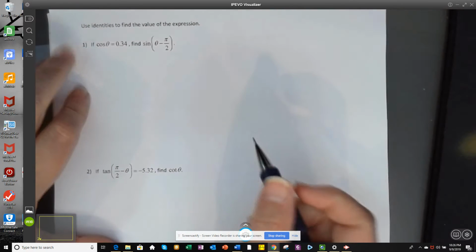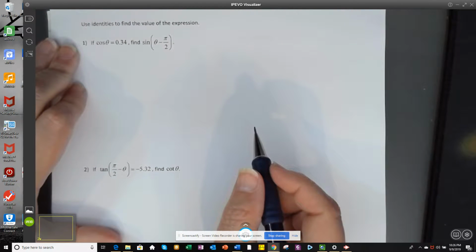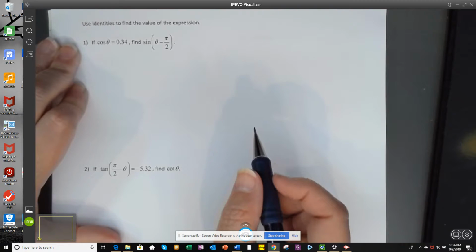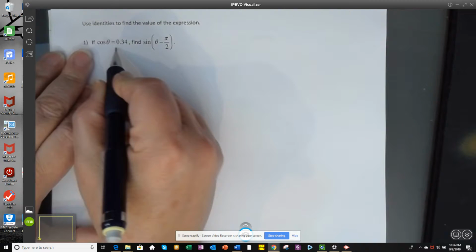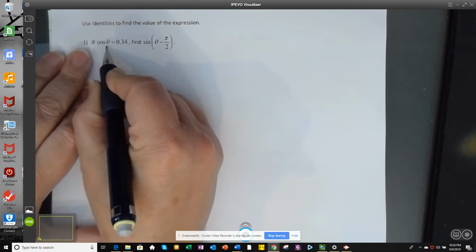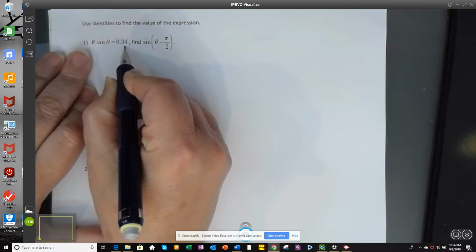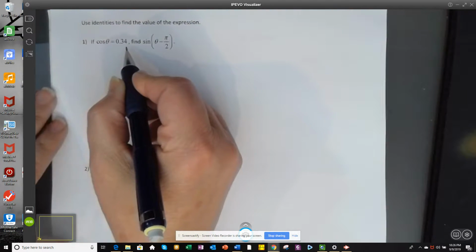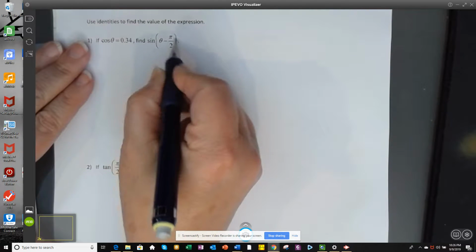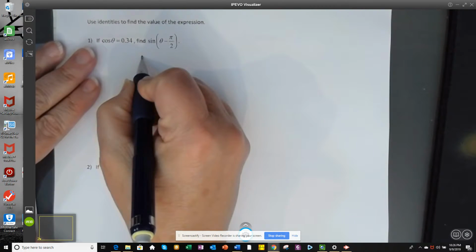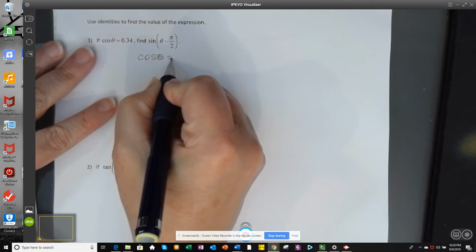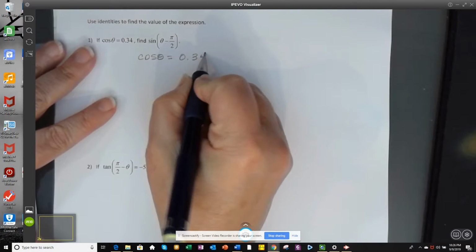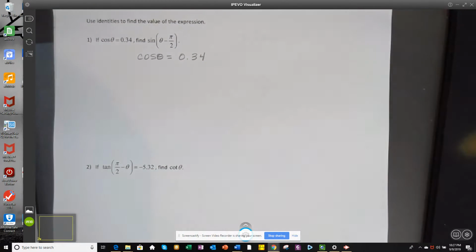All right. So use identities to find the value of the expression. All right. Well, I know that cosine of theta equals 0.34. Okay, so I've got to think of a way to find this expression. So I'm going to say cosine of theta. I'm going to start with this. And then I'm going to look at my list of identities here.